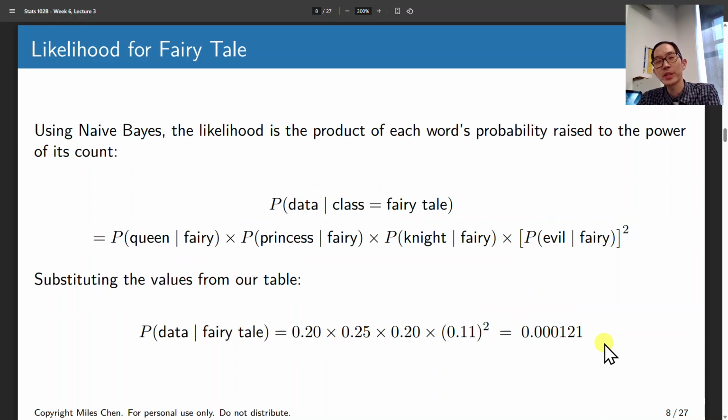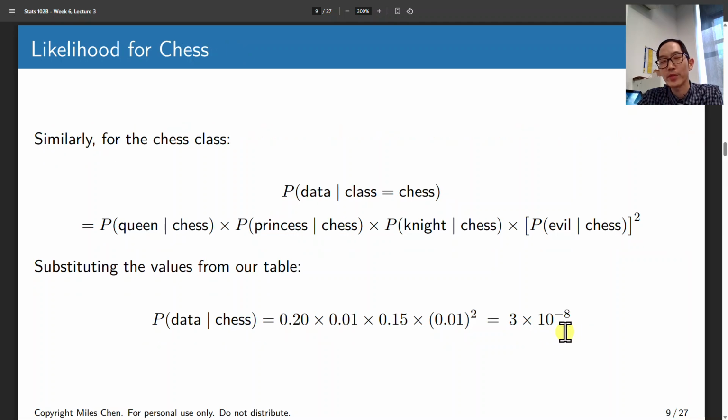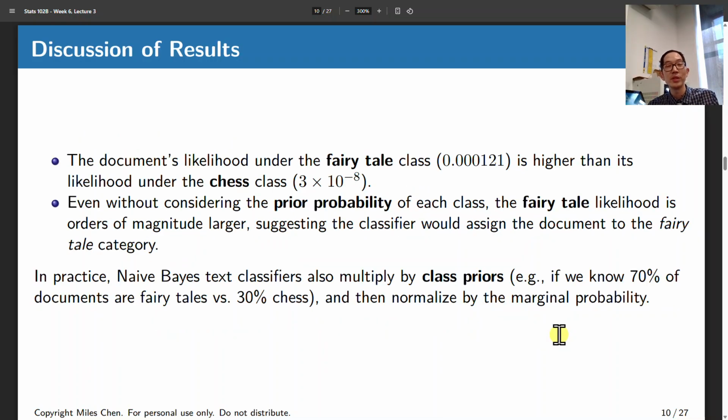All right, so just comparing likelihoods, we have 0.000121, so about 10 to the minus 4, and over here we have 3 times 10 to the minus 8, okay? So the likelihood of getting our data under the fairy tale class is much, much, much higher than the likelihood of getting our data if it was a chess document.